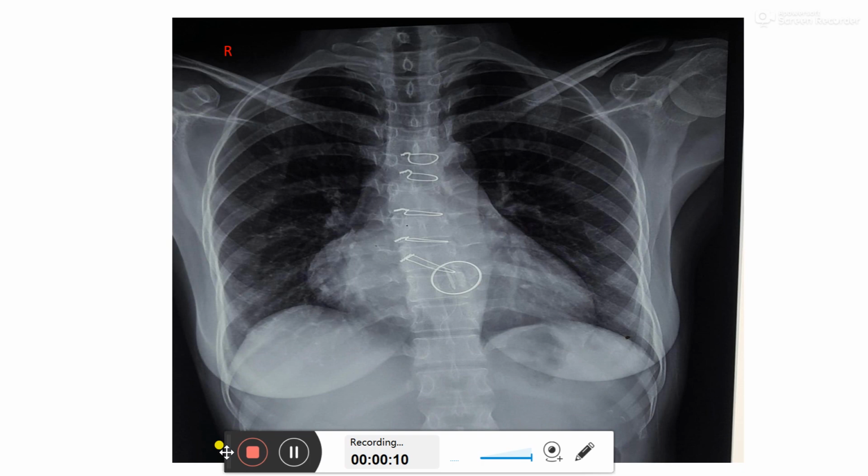Hello, now I will discuss a special case of chest X-ray. Here is a diagram of a view of the chest, and it is the right side.